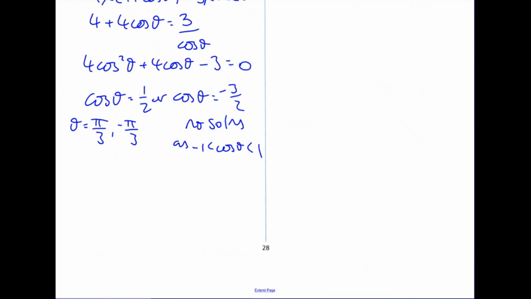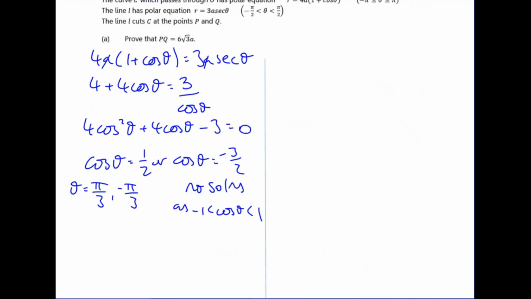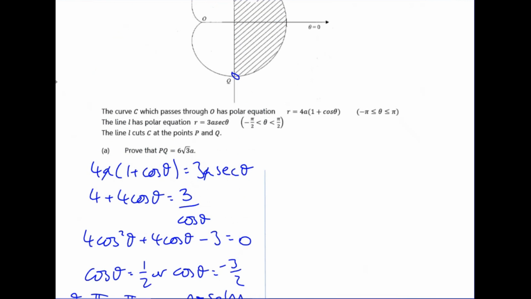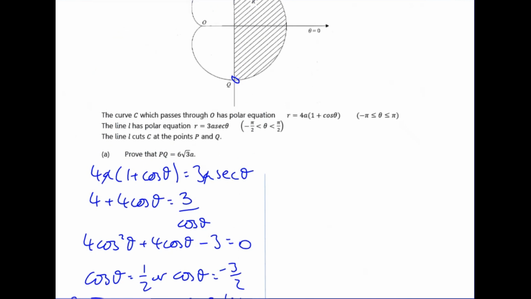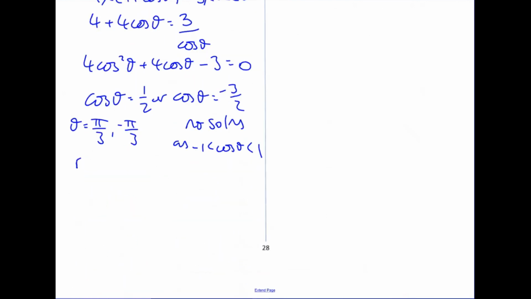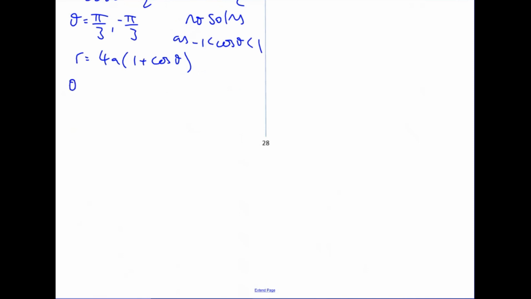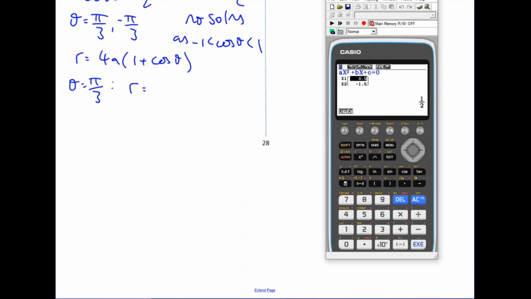We need to find the r value, because it asks us to prove this, so you need to find how far away this is. So you can stick it into either of these. Let's just stick it into the first one. So r equals 4a(1 plus cos theta). I'll work this out, and theta equals pi over 3. So cos pi over 3 we've got as a half.